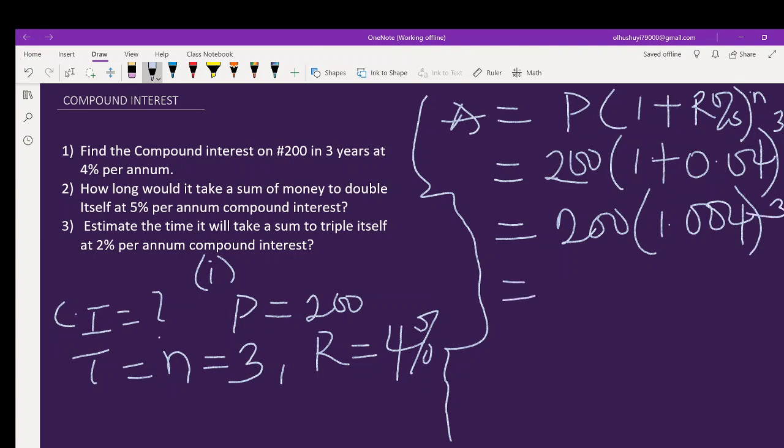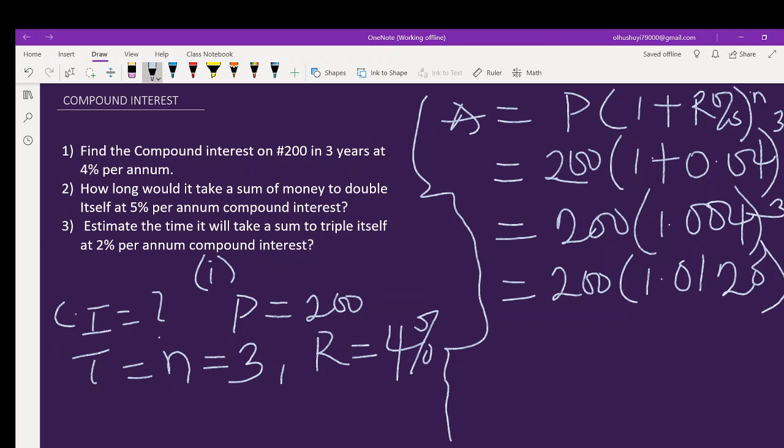And that can be what? Deal with what is in the bracket based on BODMAS. You have 1.04 all raised to power of 3. What do you have? You have 200, open the brackets, you have 1.0120. So multiply that by 200.